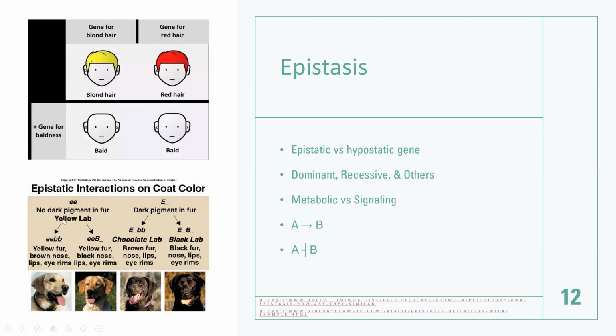On the other hand, if we get a dominant phenotype or genotype for the dark pigment gene, that means there is some dark pigment in the Labrador. But the color of the Labrador is determined by the genotype of the dark pigment color gene. So if it's recessive, you get a chocolate Labrador, and if it's dominant, you get a black Labrador. So the ratio for recessive epistasis is 9 to 3 to 4.